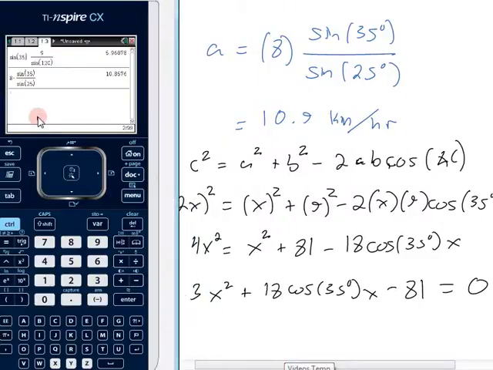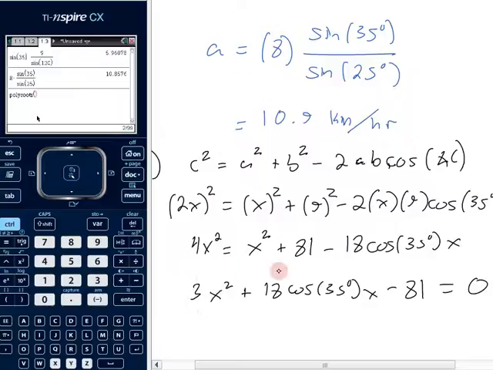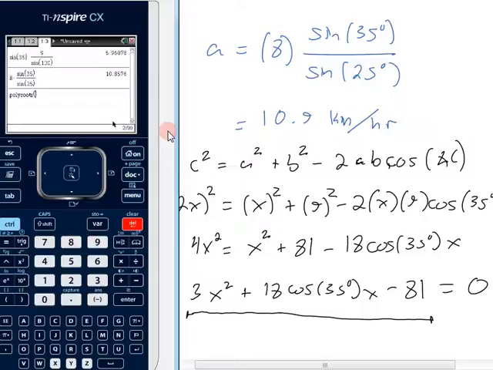To use polyroots, you just type polyroots, and the first thing that you enter is a polynomial expression, which is meant to be equal to 0. So what we're going to enter is just this expression, but the calculator assumes that expression is meant to be equal to 0. In our case, it is.